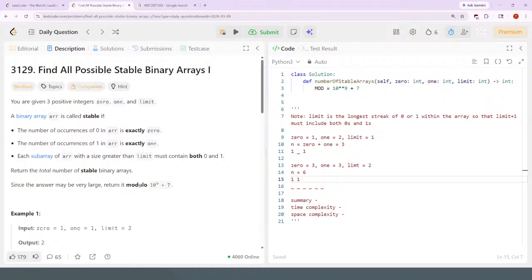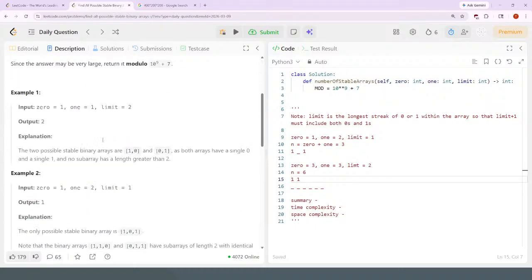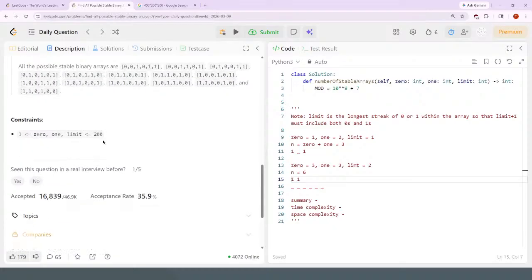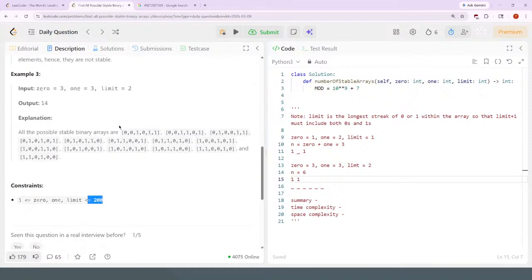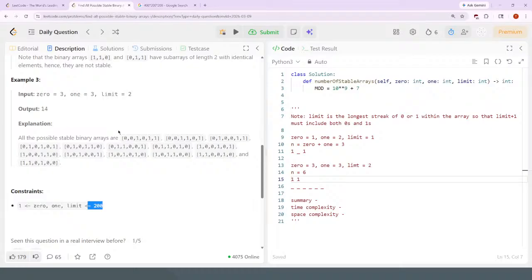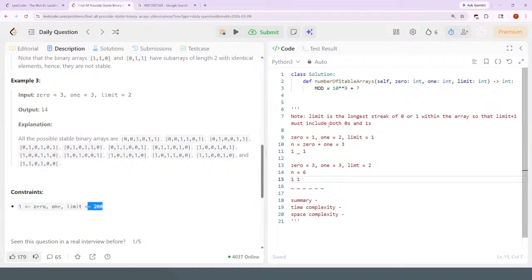Find all possible stable arrays, part 1. Okay, I guess part 2 might be a higher constraint. So it's probably just the same problem, just need more. I guess here, maybe something like n cubed could work to solve it.